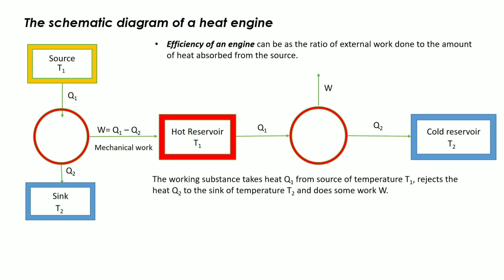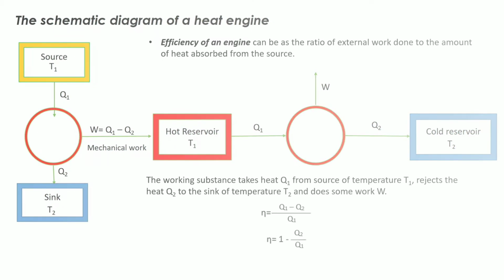In a heat engine, the working substance takes heat Q1 from the source at temperature T1, rejects the heat Q2 to the sink at temperature T2, and does some work W. Eta is equal to Q1 minus Q2 by Q1. Eta is equal to 1 minus Q2 by Q1.